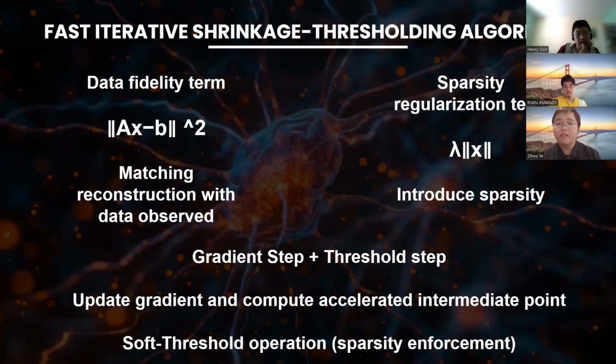And the second part is the sparsity regularization term, which introduces sparsity. So the basic logic behind this algorithm includes two parts. The first part is a gradient step. The second part is a threshold step. So basically, it updates the gradient and computes an accelerated intermediate point. And it also applies a soft threshold operation, so it is tuned with the threshold for each iteration.